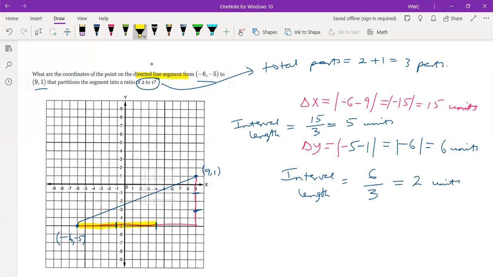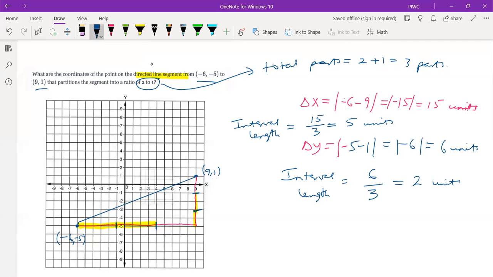Do the same thing for the vertical distance. I'm going to start from this end, the point that I'm interested in. From this end of the line, I go up 1 part and 2 parts, right? There's 1 part left. So 2 parts to 1 part.